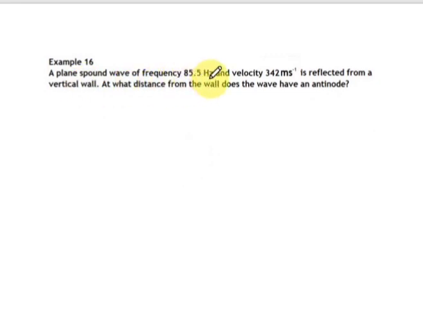Okay, a plane sound wave of frequency 85.5 Hz and velocity 342 meters per second is reflected from a vertical wall. At what distance from the wall does the wave have an antinode? Now, if we have a wave that hits a vertical obstacle, then it is reflected back this way.